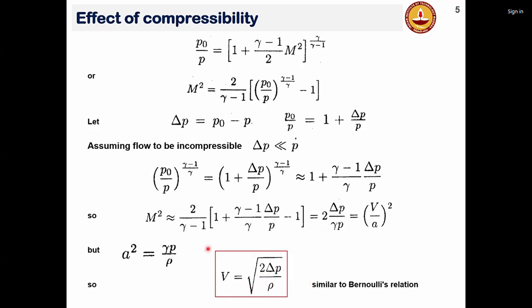This is nothing but the Bernoulli equation, because if you square both sides, this will be V square by 2 plus delta P by rho equal to constant, which is essentially the Bernoulli equation.